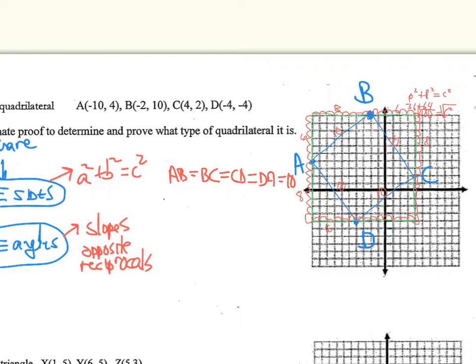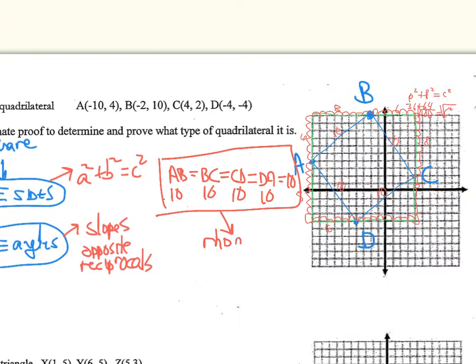So all those distances are 10. And the supporting evidence, I did that calculation that all of these have a length of 10. So that move right there shows that this quadrilateral must be a rhombus. Remembering that a square is both a rhombus and a rectangle.